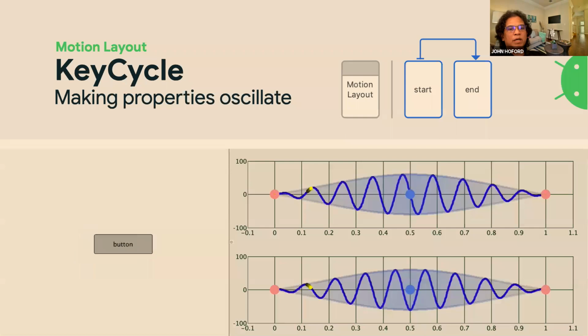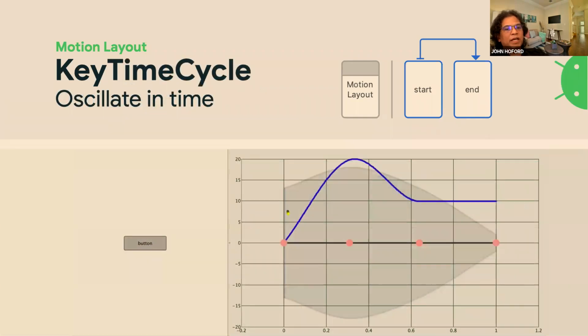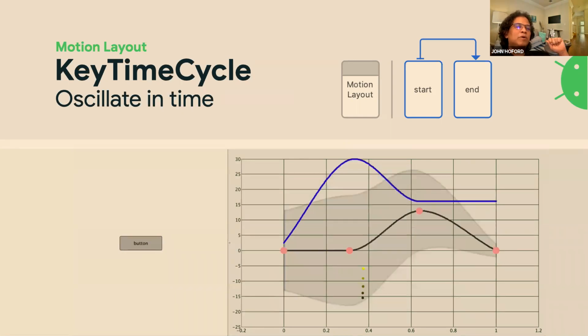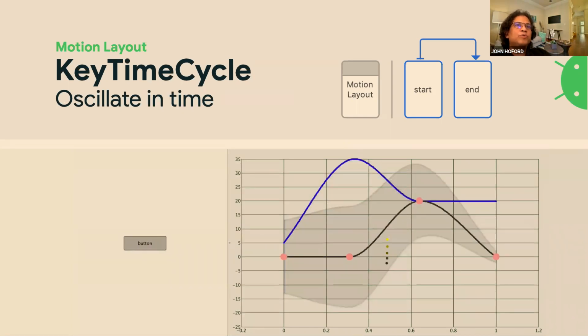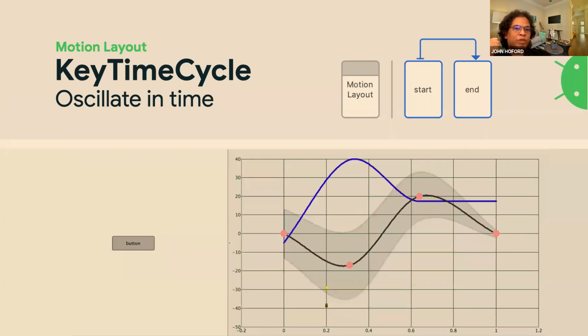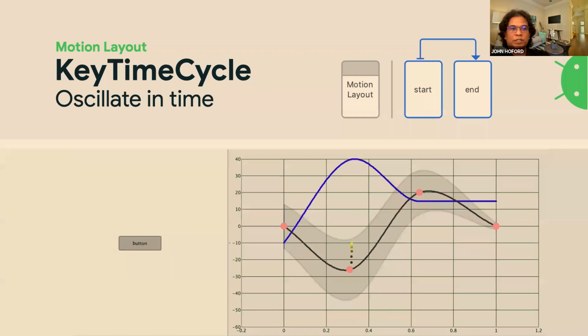The other thing we have is key time cycles, and that allows us to do oscillations in time. Key cycles oscillate with respect to the animation position, where along the swipe or the gesture, or whatever you're making. Key time cycles are in hertz. They operate with respect to time at all points.